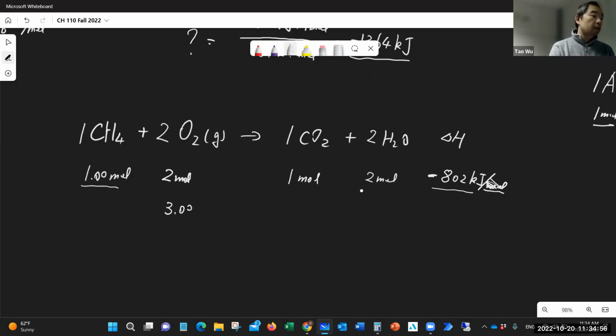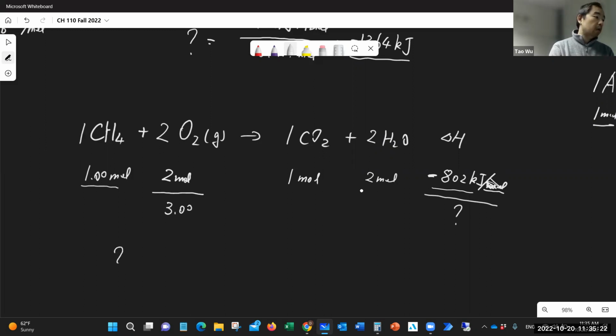Based on the stoichiometry, we know 2 moles of oxygen will produce that much heat. Now the question is asking for 3 moles of oxygen, how much heat can they produce? Then what do we do? 2 versus 3 should be equal to that much heat versus the question mark. That makes sense, right?